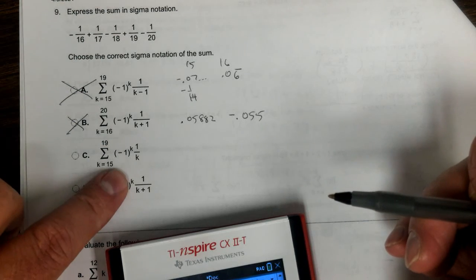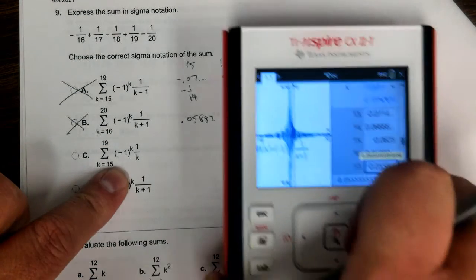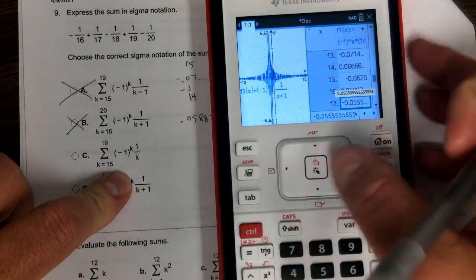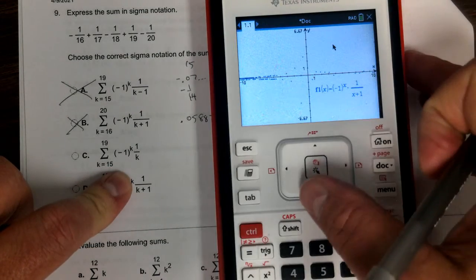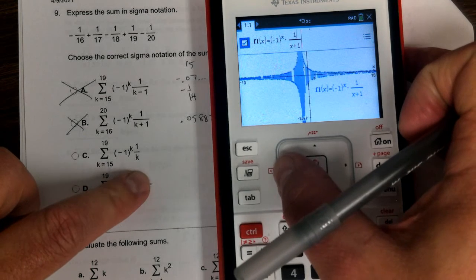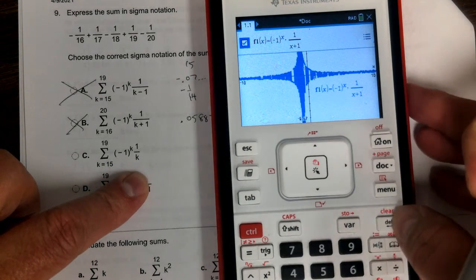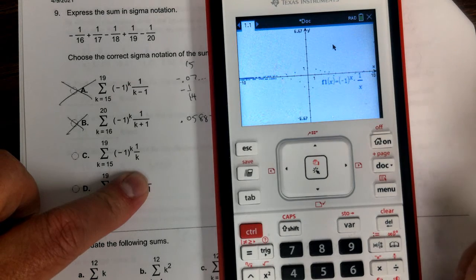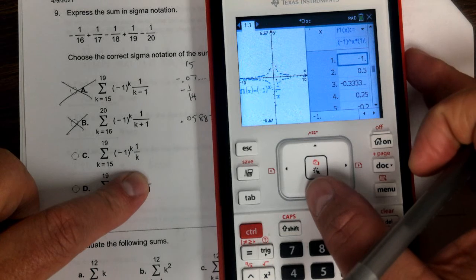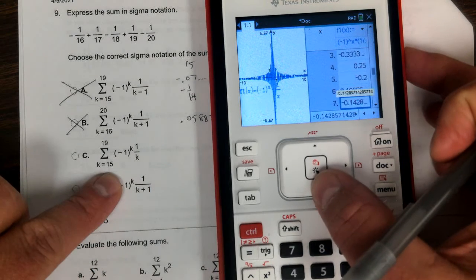Okay, so now let's try the next one. Get rid of our table. And this time, get rid of the +1. Control T and start at 15.